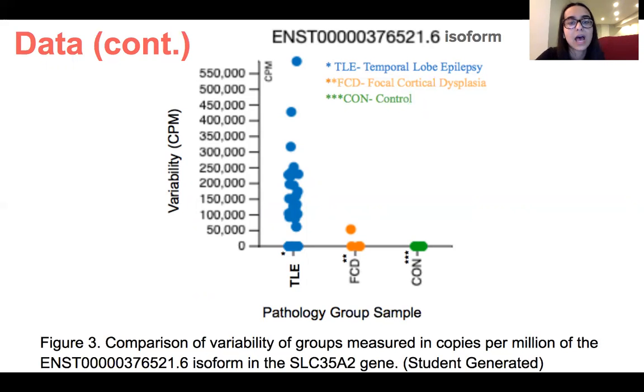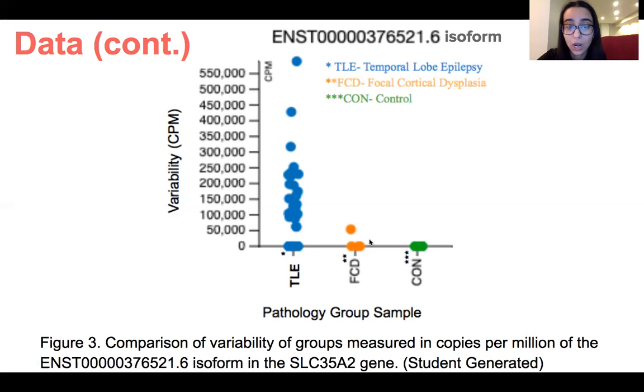So as you can see, about 14 of the 17 cases were upregulated, increased expression, with about 1 out of 5 of the cases of focal cortical dysplasia and the controls being upregulated, which is just this 1 compared to all of these 5, 2 here, 2 here, and 1 there.